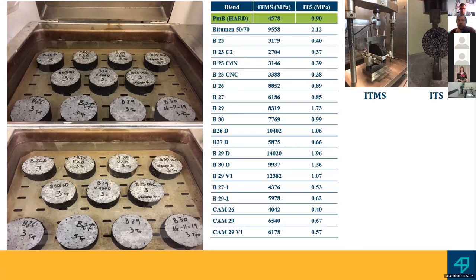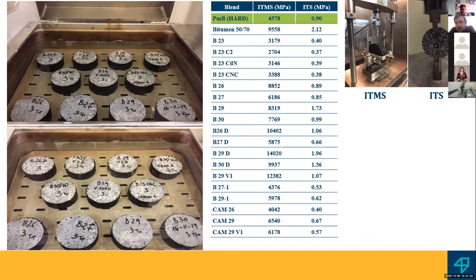If you use a base bitumen, a classical bitumen, you obtain these results. When I use the binders prepared as explained in the previous slide, I obtain these results shown in the table.